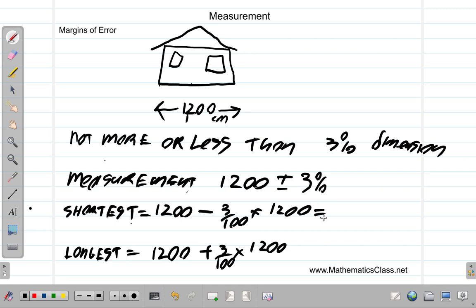Now, in this case, the shortest would be 1200 centimeters minus, what's this now?